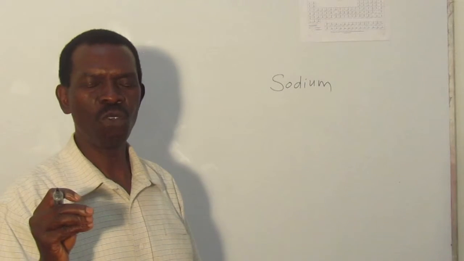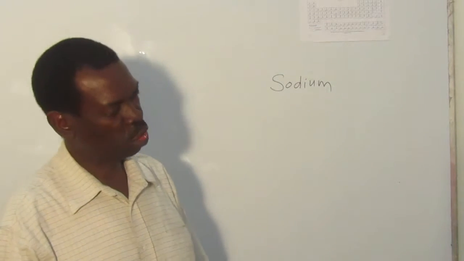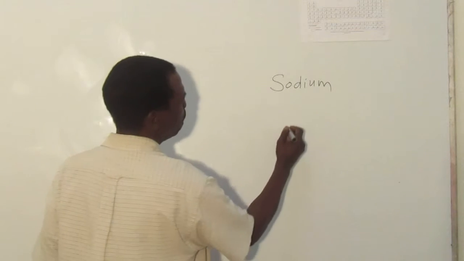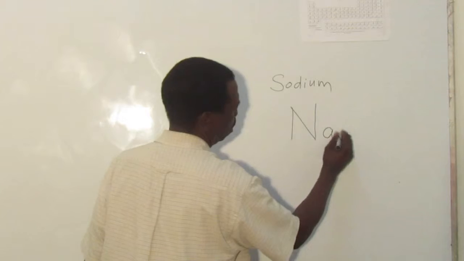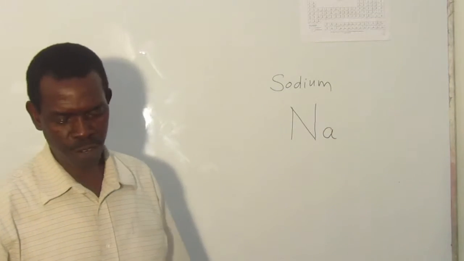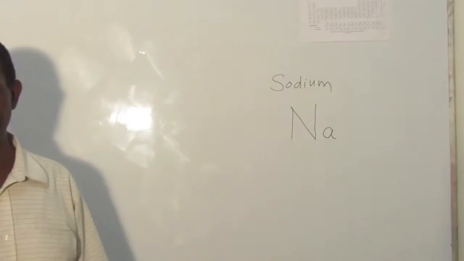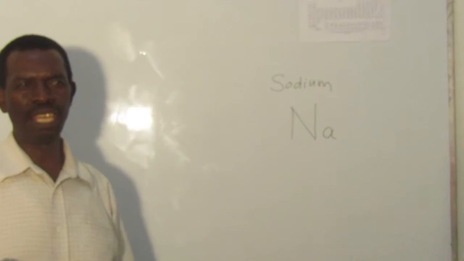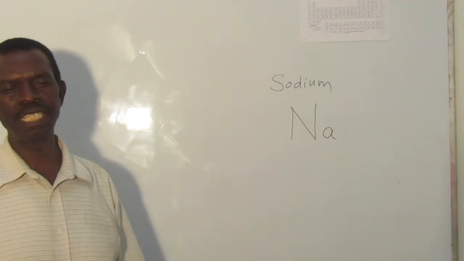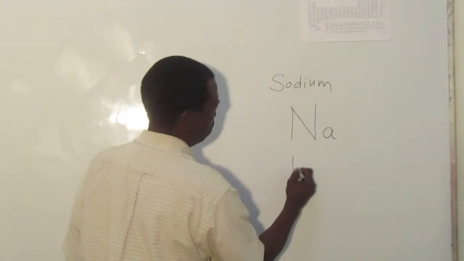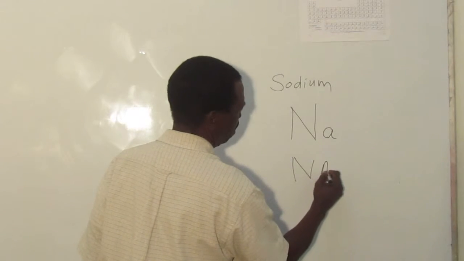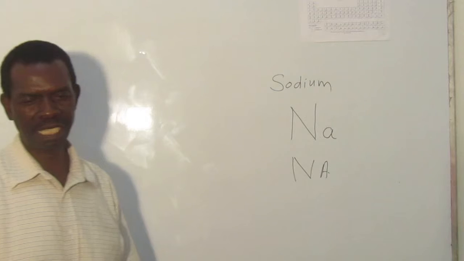Now, the symbol of sodium, if you check on the periodic table, look at the way I've written it. It's a capital N and a small a. Because if you write capital N and capital A, it doesn't make sense.